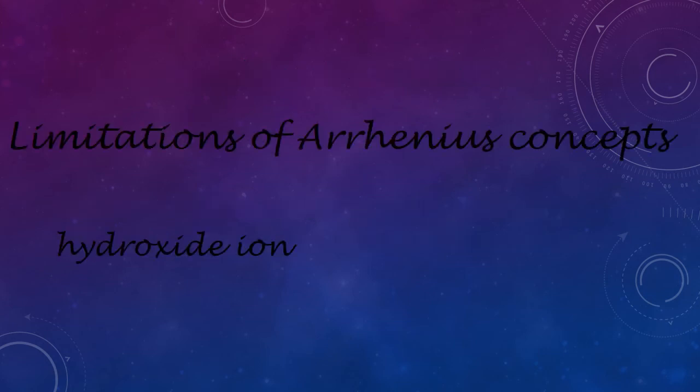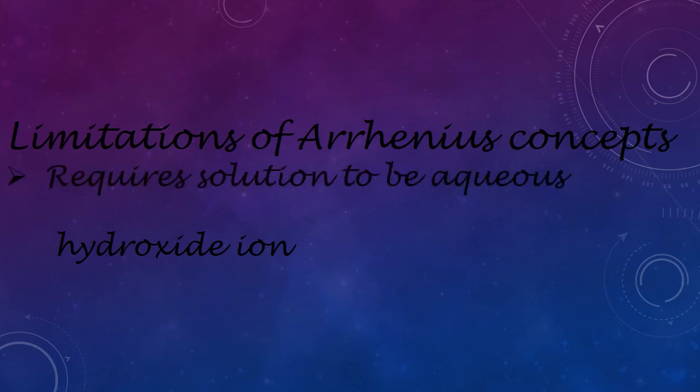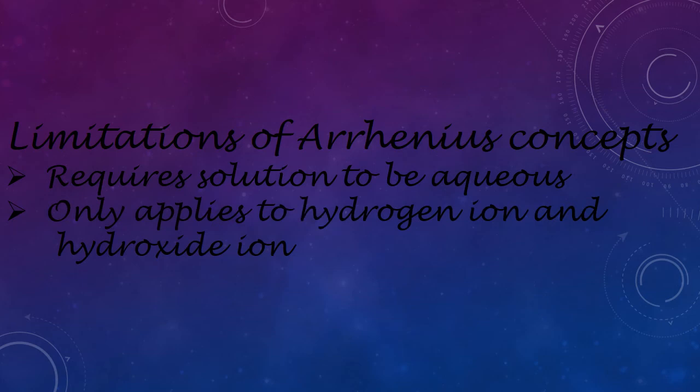We say that acids are those species which are producing hydrogen ion and bases are those species which are producing hydroxide ion. But there are some limitations of Arrhenius concept. What are these limitations?